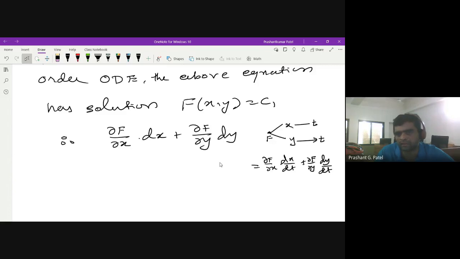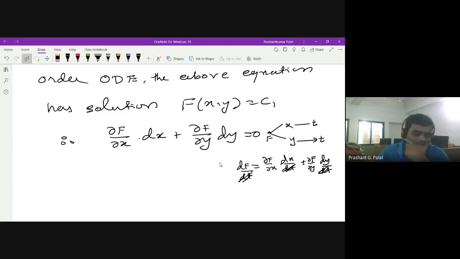So this is actually df by dt. So if you want to write the differential of f, exactly the same expression we have here, that is equal to 0 because the derivative of c is 0.